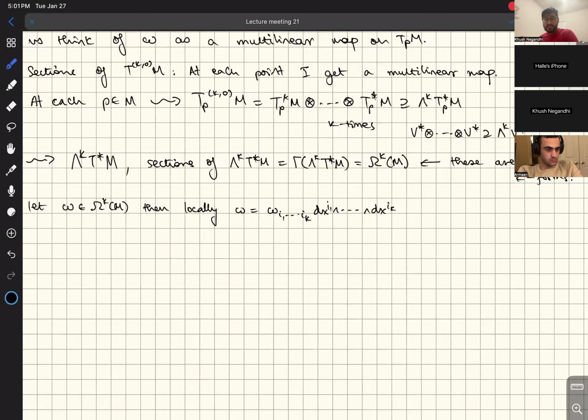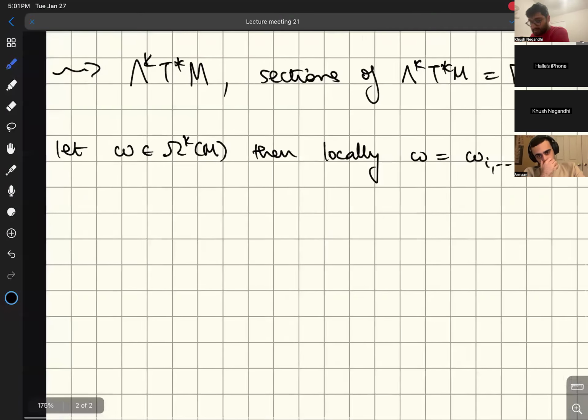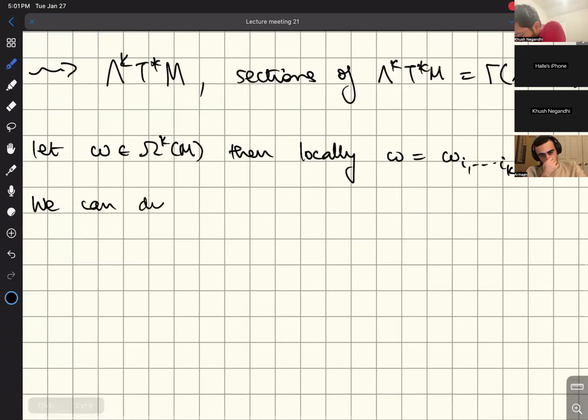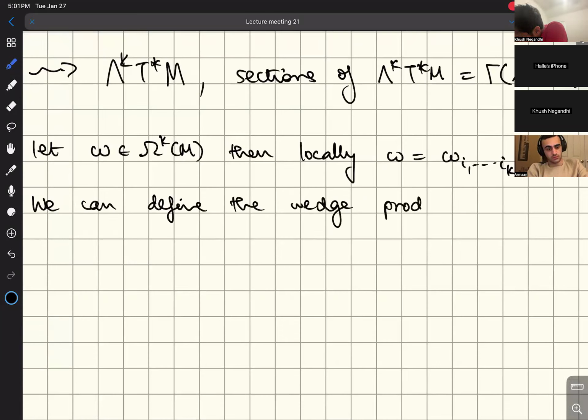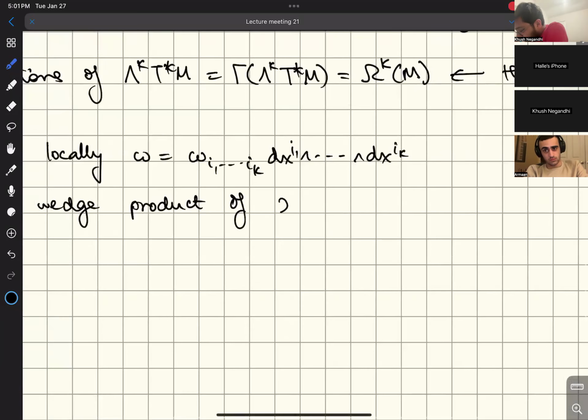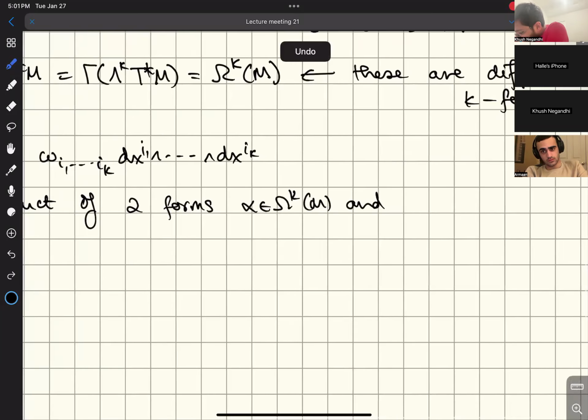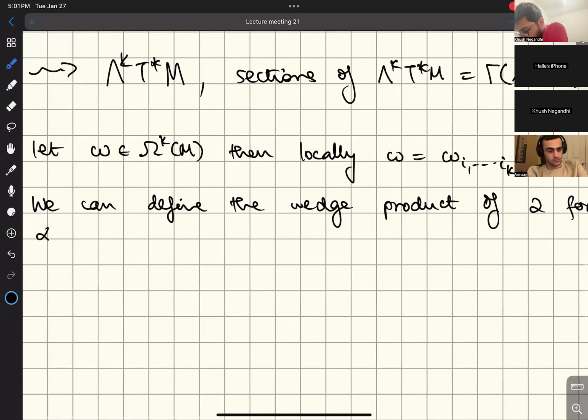get the wedge product and other constructions that we saw in linear algebra? And the answer is yes. So we can define the wedge product of two forms, alpha and beta, by alpha wedge beta at the point p is nothing but alpha at p wedge beta at p.